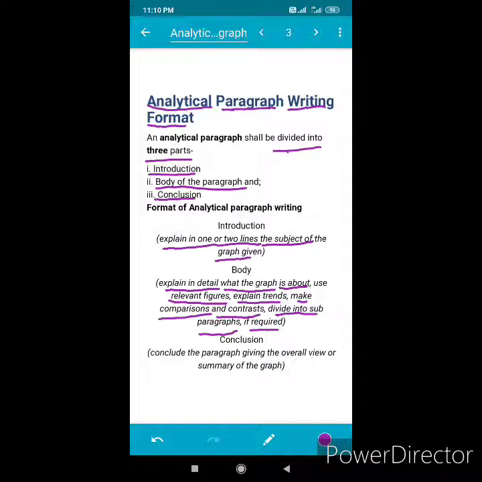Whatever is given in that graph, data, table, the same relevant figures we have to write in the paragraph. Third one is conclusion. You have to conclude the paragraph giving the overall view. Just mark it, overall view or summary of the graph, table, data, chart, etc.